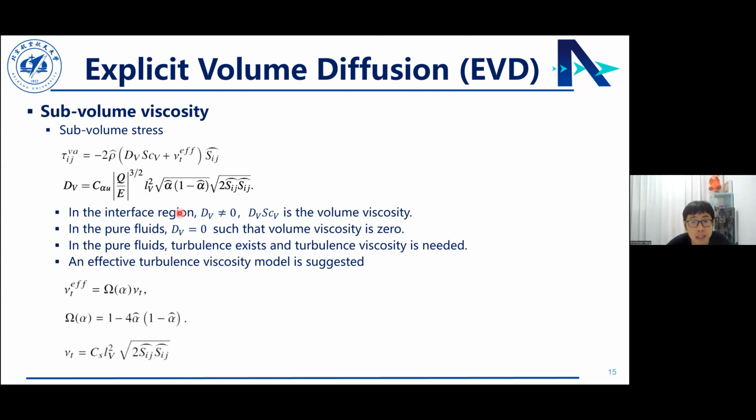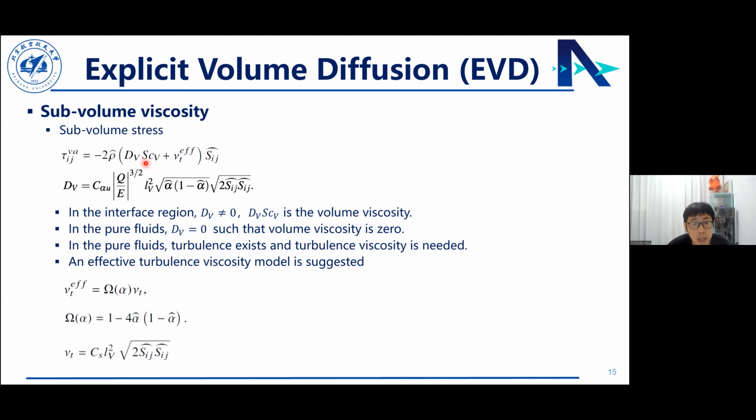But in the pure fluid, we cannot forget the turbulence still exists, and the turbulent viscosity is needed. But this turbulent viscosity, we need to make sure it can smoothly transition to the interface region.